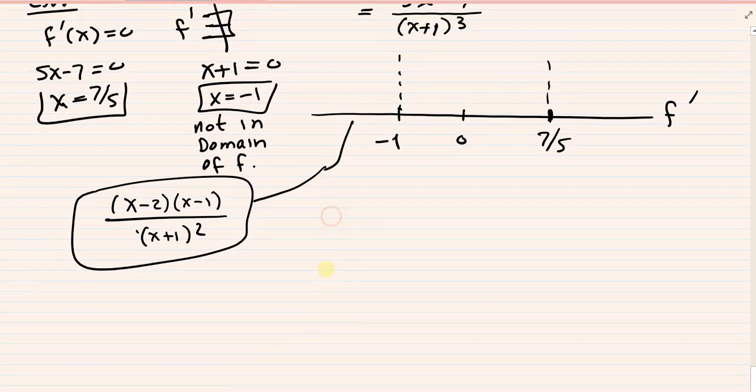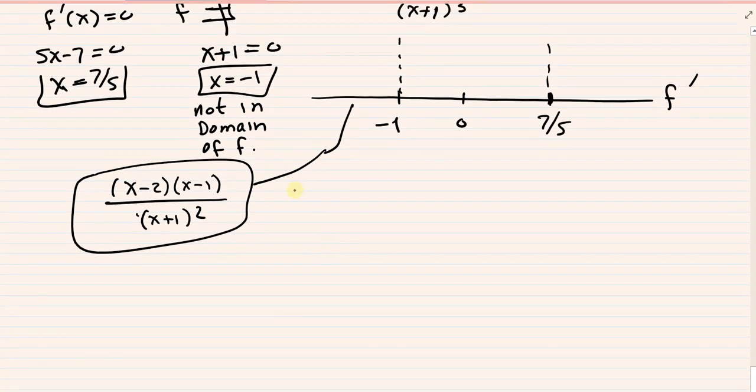So let's pick -2 as my test point. First factor is -2 minus 2, negative, times -2 minus 1, negative, divided by the denominator. Again, the denominator is always positive, so don't plug into the denominator, just make that positive every time. So we have positive by positive, so that's going to be positive.